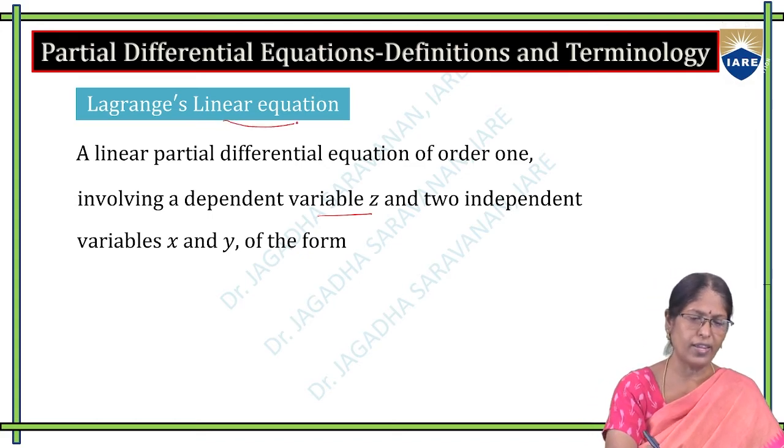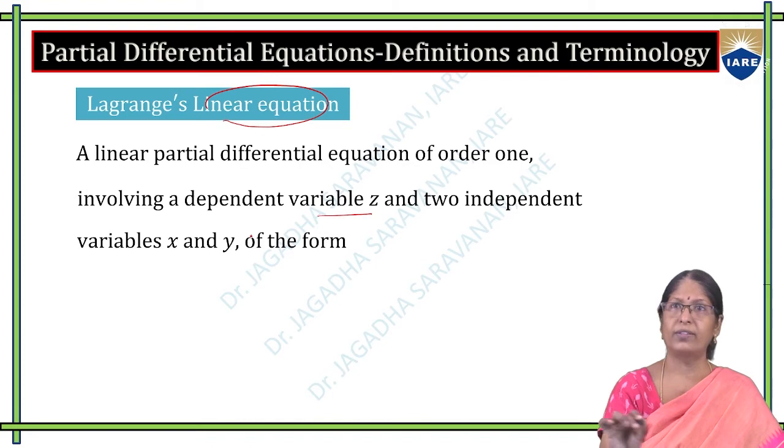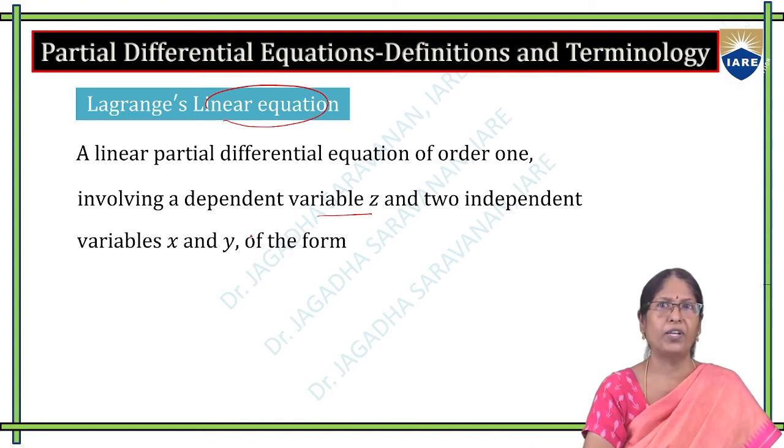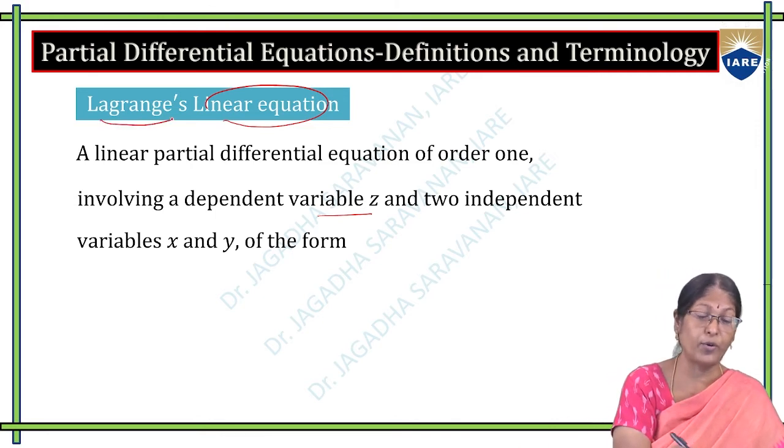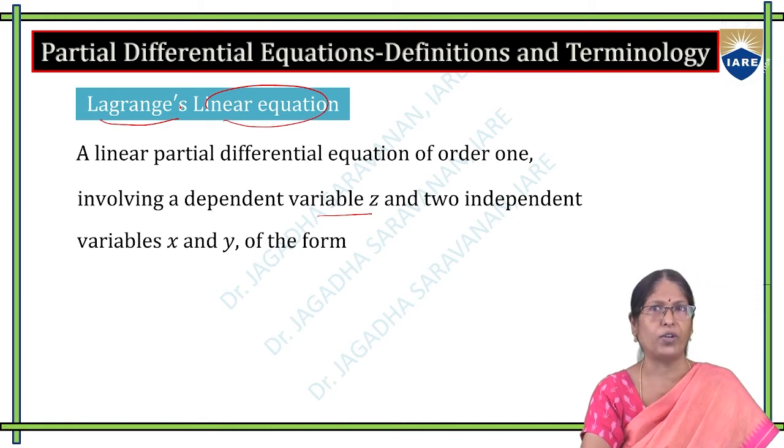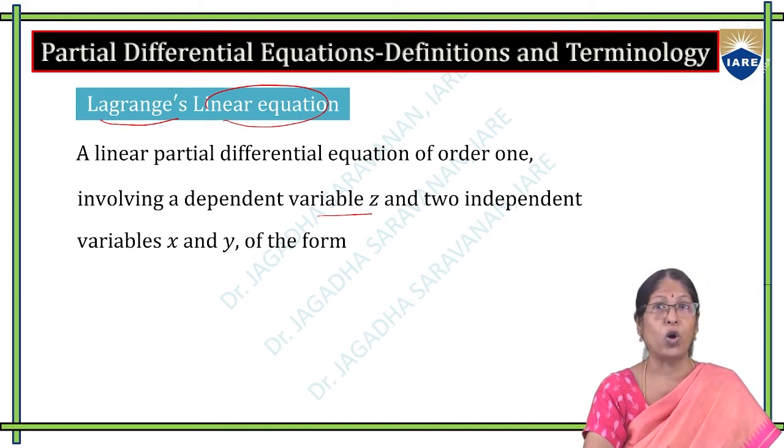Only a linear equation is enough: two independent variables, one dependent, we will call it a linear equation, that is, it should have partial derivatives of order 1. What is specifically a Lagrange's linear equation? It should have some specific formulation.